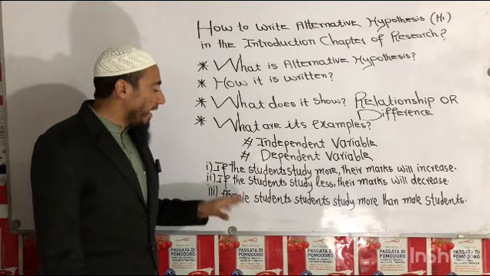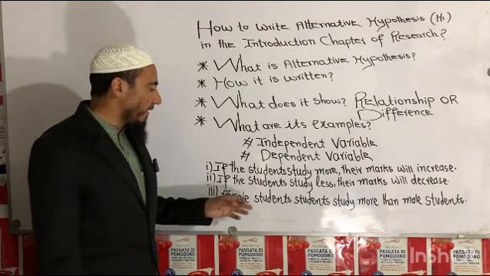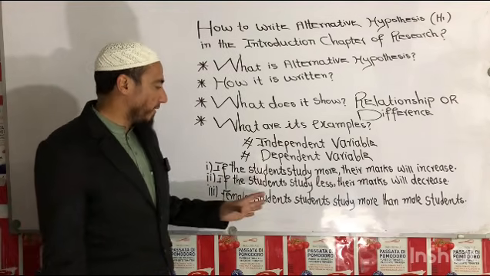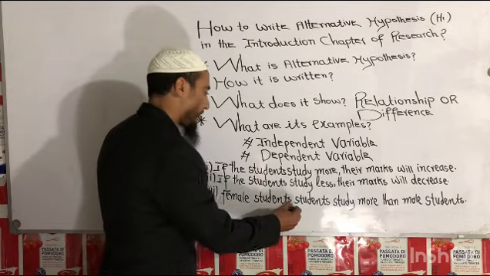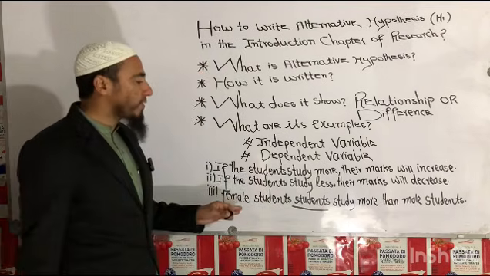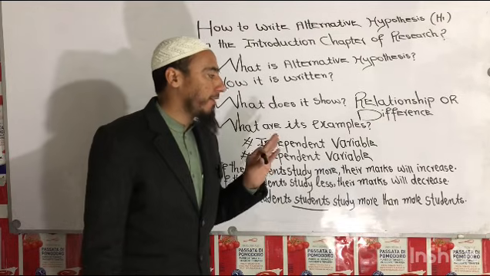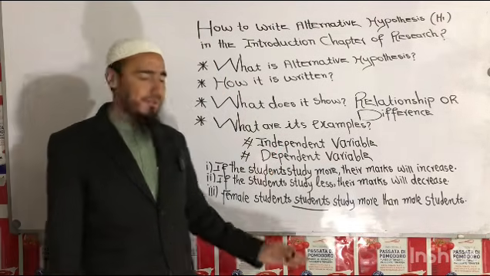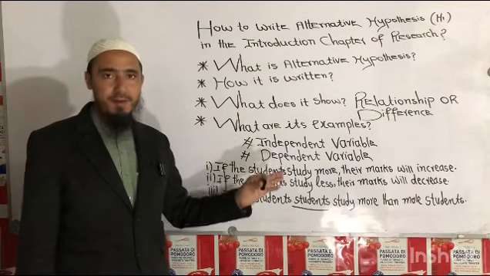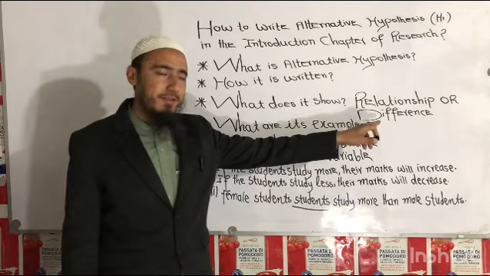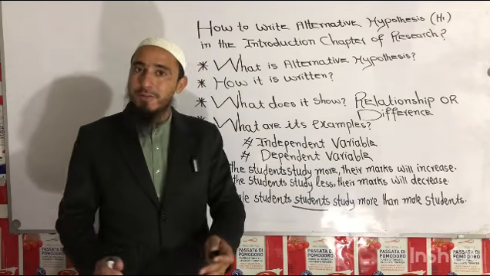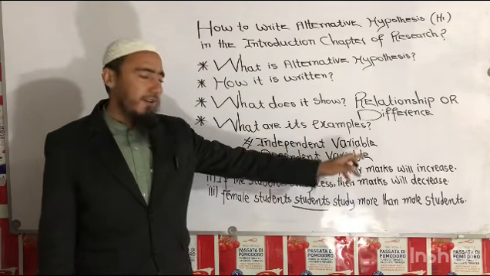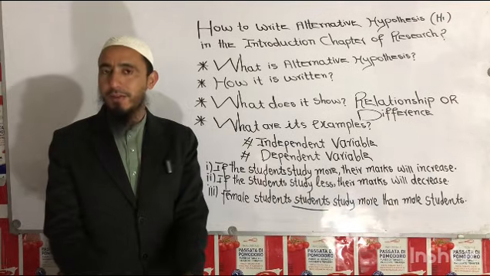Okay, students, now let's come to the second example. Female students study more than male students. This is another example of an alternative hypothesis, but in this example, you see, it shows difference. As I said, alternative hypothesis shows relationship.